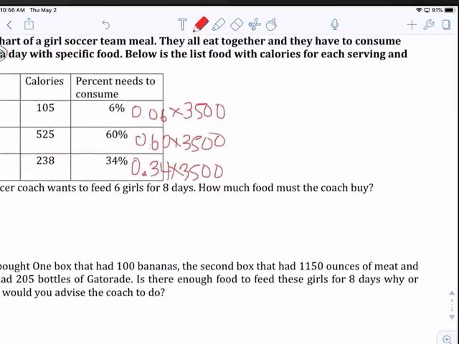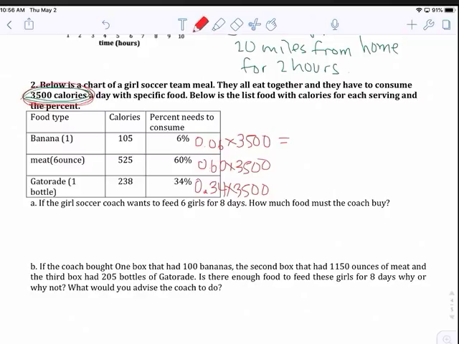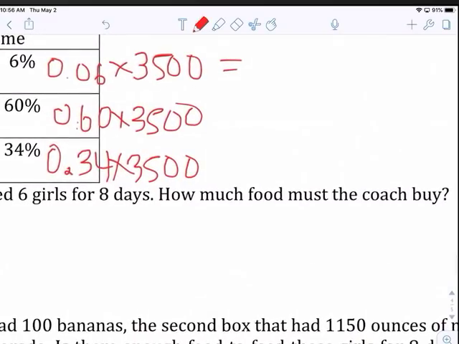It's the calories. Okay, so you should get what? 210. Wait, how did he get to 10?